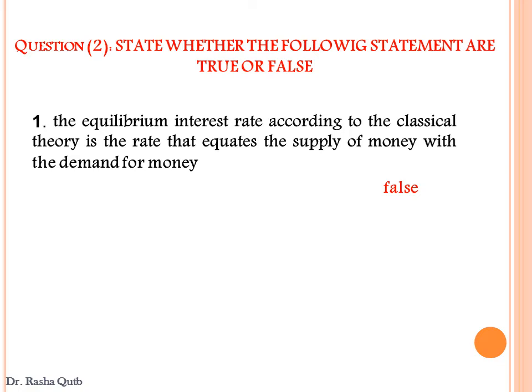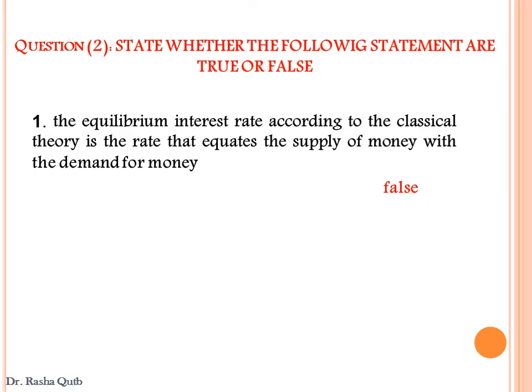We call it a real variable if it is determined in real markets, while when the interest rate is determined in the money market, we call it a monetary variable.